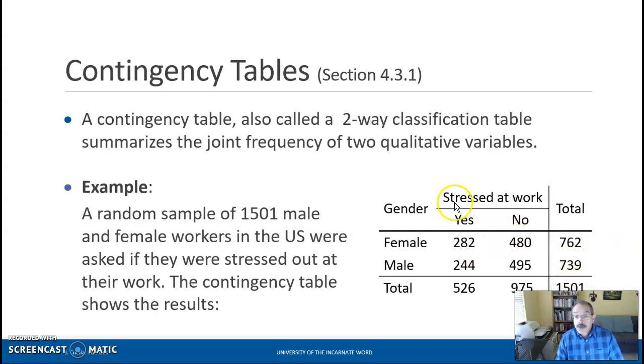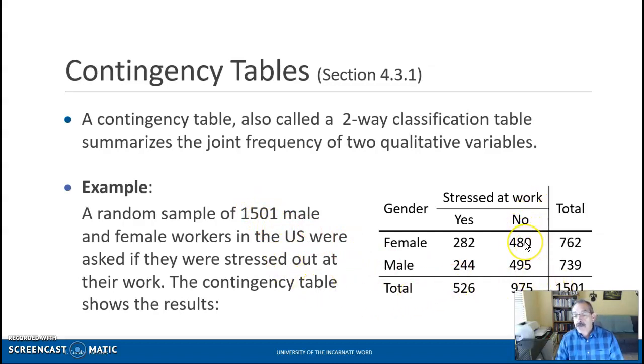Now, if you look at the stressed work categories, under the yes stress, or workers that are stressed, if you add the 282 and the 244 female and male workers, you obtain 526, indicating that there are 526 stressed workers from the 1,501 workers that were surveyed.